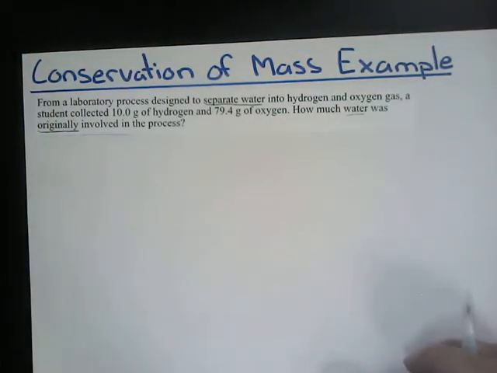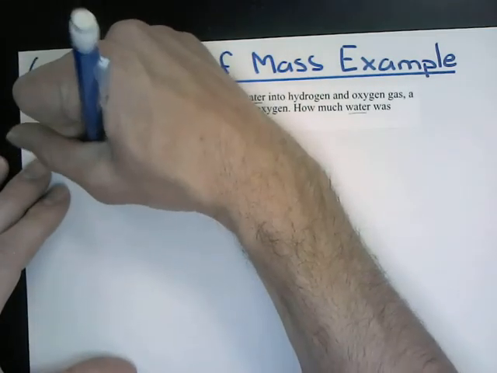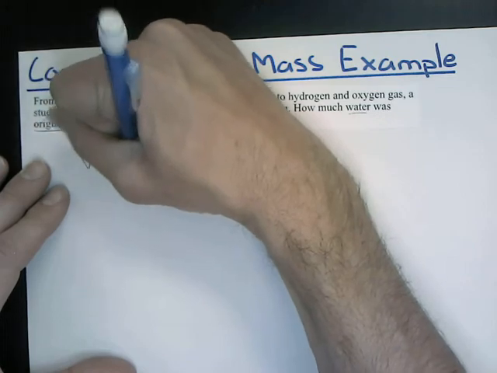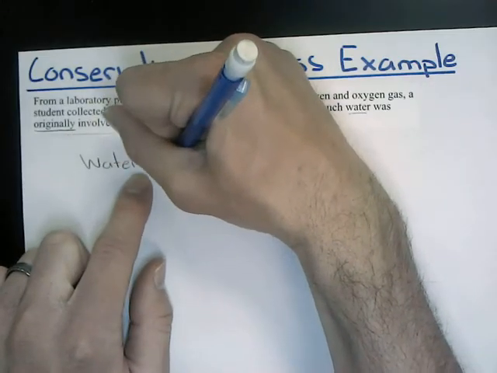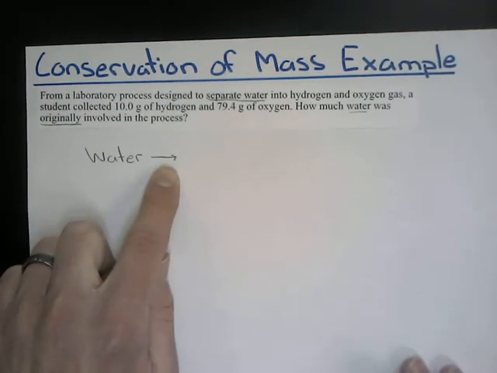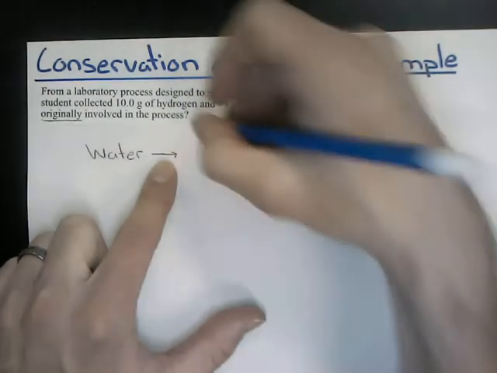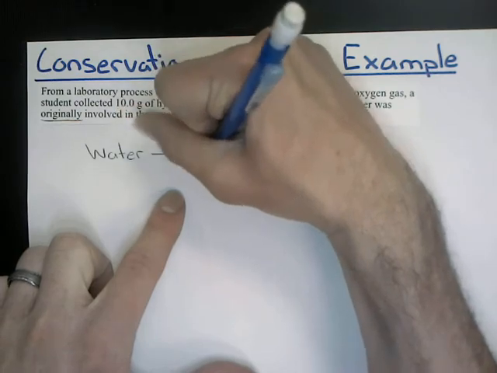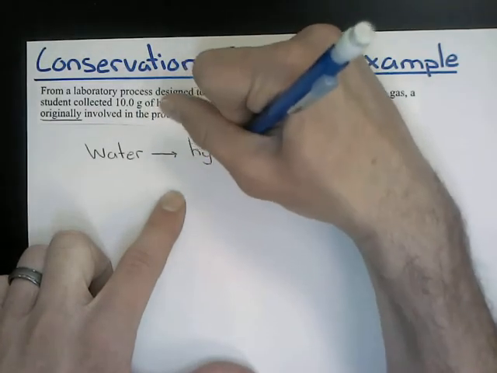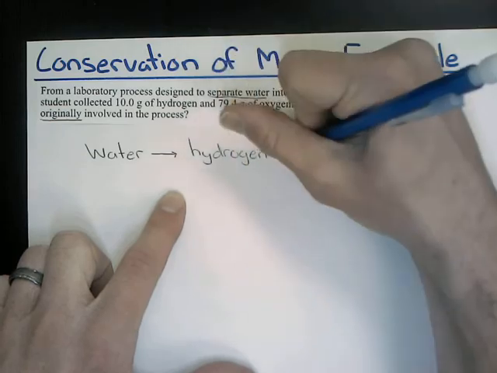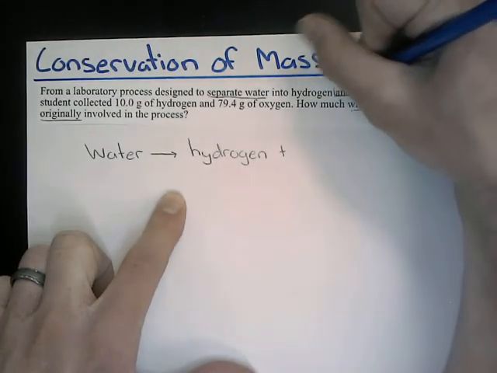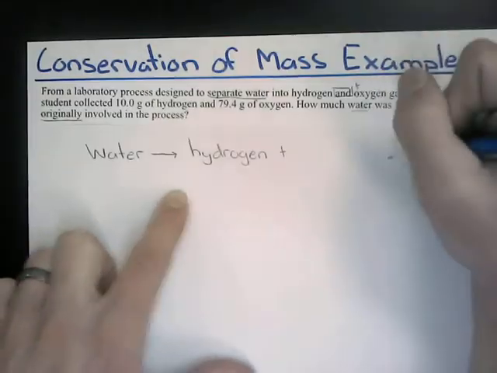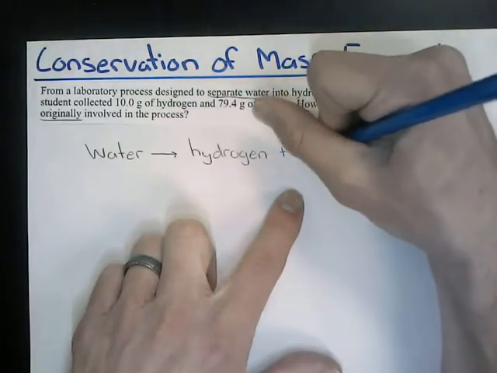And so what we need to do here is set up our equation where water, listed as the initial substance, is broken down, which we represent by an arrow, into hydrogen and oxygen. Again, we see the word and. That means that we need a plus sign, so and oxygen.